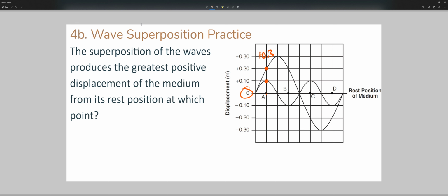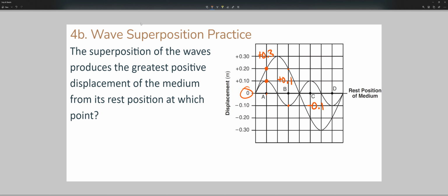At point B, you add 0.2 and -0.1, so you get an amplitude of 0.1. At C, you have +0.1 and -0.2, so you have an amplitude of -0.1.